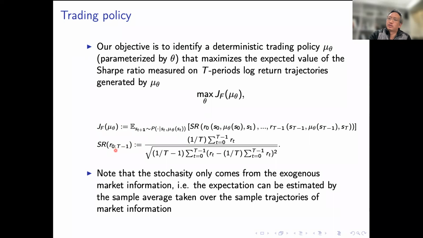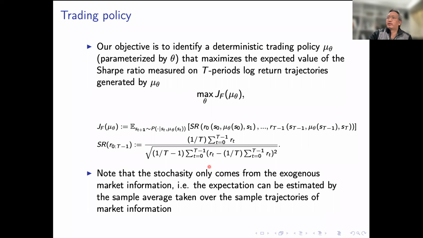For each trajectory, denoted by r from 0 to t-1, we calculate the sample mean over that trajectory, divided by the sample standard deviation, and that is the Sharpe ratio based on that one trajectory. We have many different possible trajectories, so we calculate the expectation of the sample Sharpe ratio. Our goal is to find a policy so that when you make decisions according to that policy, this average of the sample Sharpe ratio can be maximized.